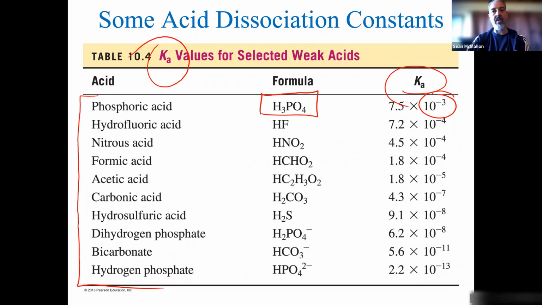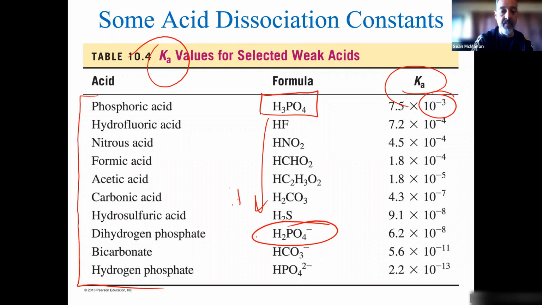Way less than 1. Well, it makes sense then that its conjugate base, because how do I go from here to here? I donate a proton. I just lose a proton. So this is the conjugate base to phosphoric acid, which is a weak acid. Well, of course, the conjugate base to this weak acid is going to be an even weaker acid.